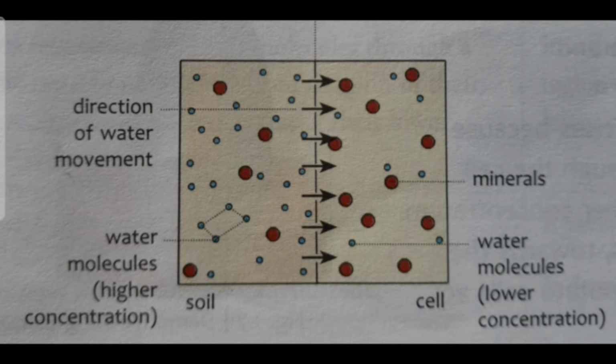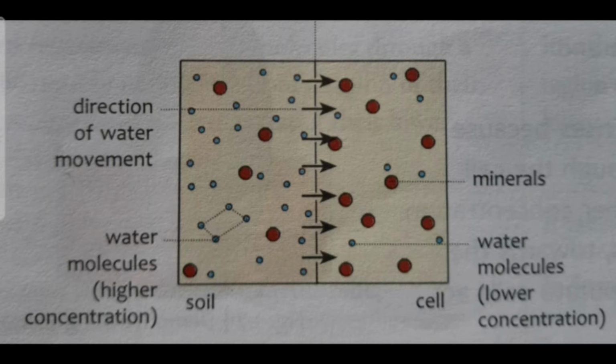In the picture you can see the direction of water movement given by the arrow, with the higher concentration of water molecules and the lower concentration given on the right part. In this way the absorption happens.